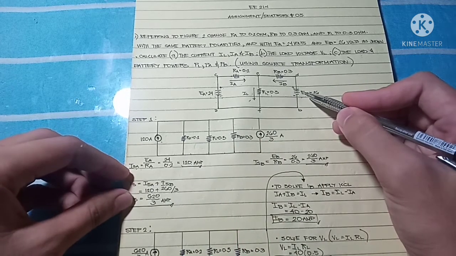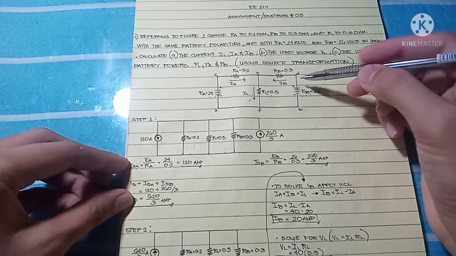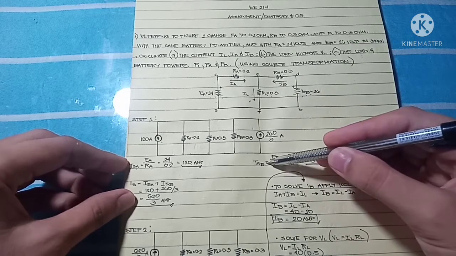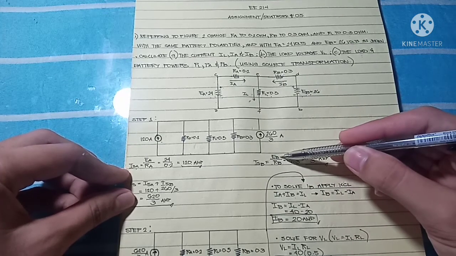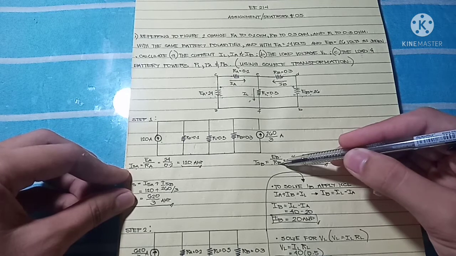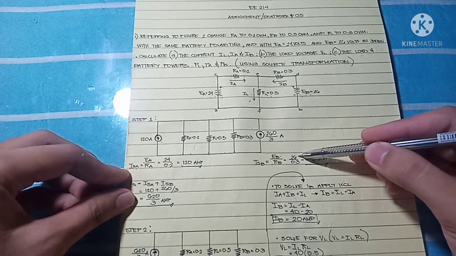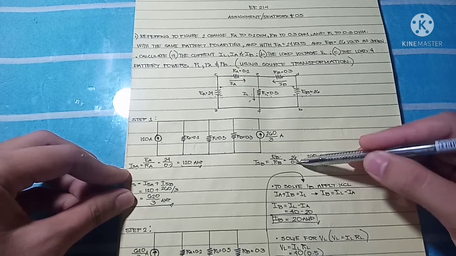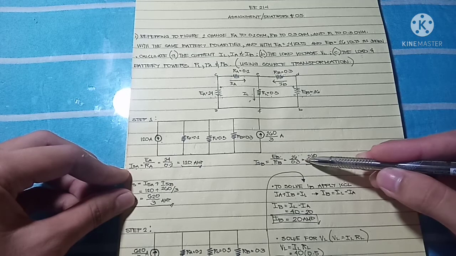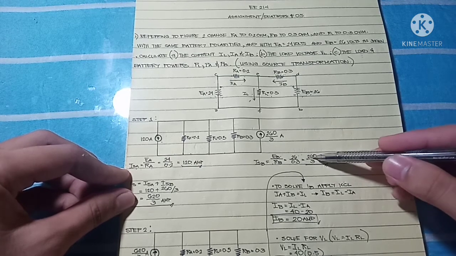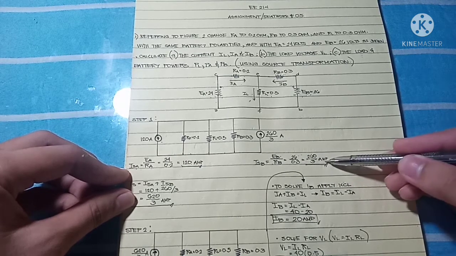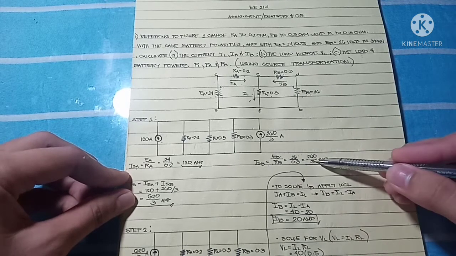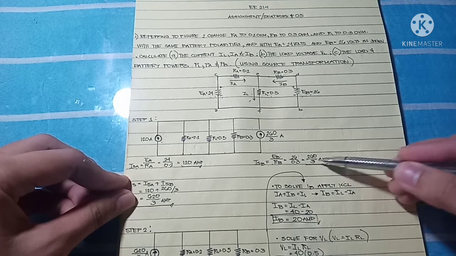And EB is in series with resistor RB. So ISB or current source B is equal to EB over RB. EB is equal to 26 volts over RB equal to 0.3. Then solve, it is equal to 260 over 3 amps. So current source B is equal to 260 over 3 amps.